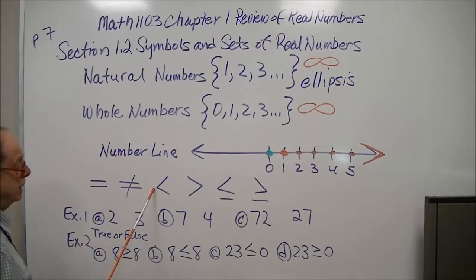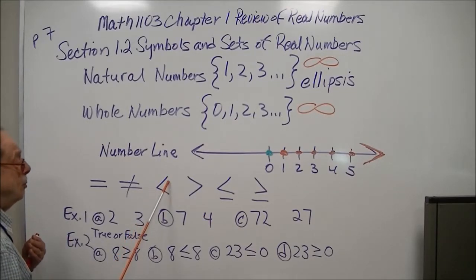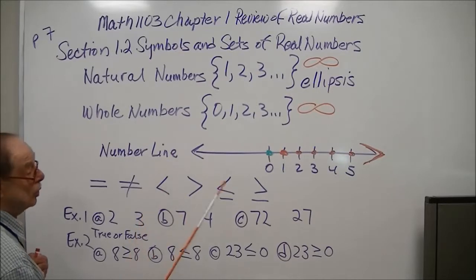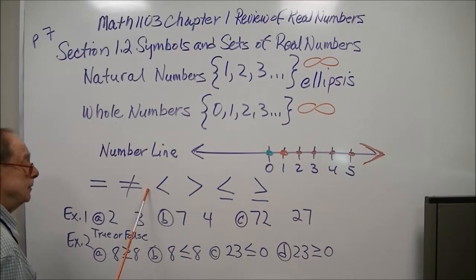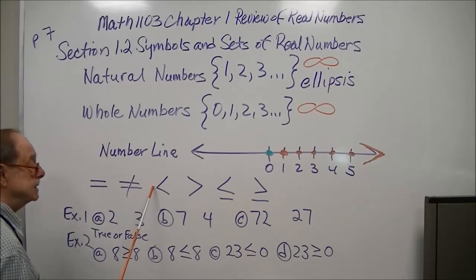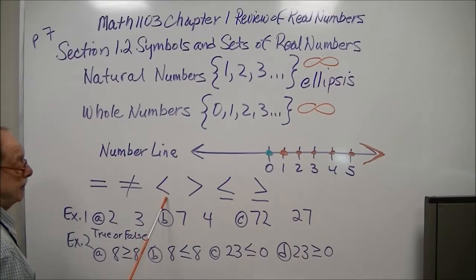Again, the point of an inequality sign is toward the lesser. The open part is toward the greater. So if we're reading this from left to right, what's on this side is less than what's on that side. So this is a less than sign.